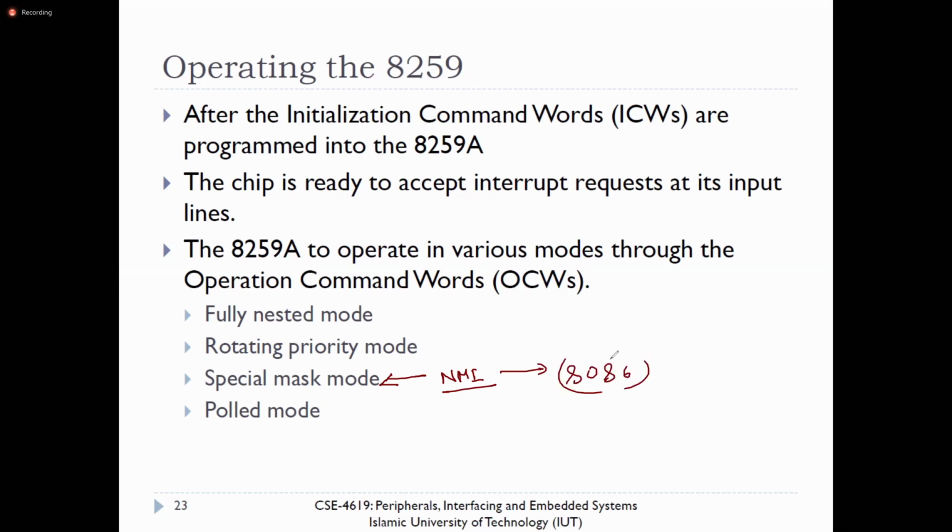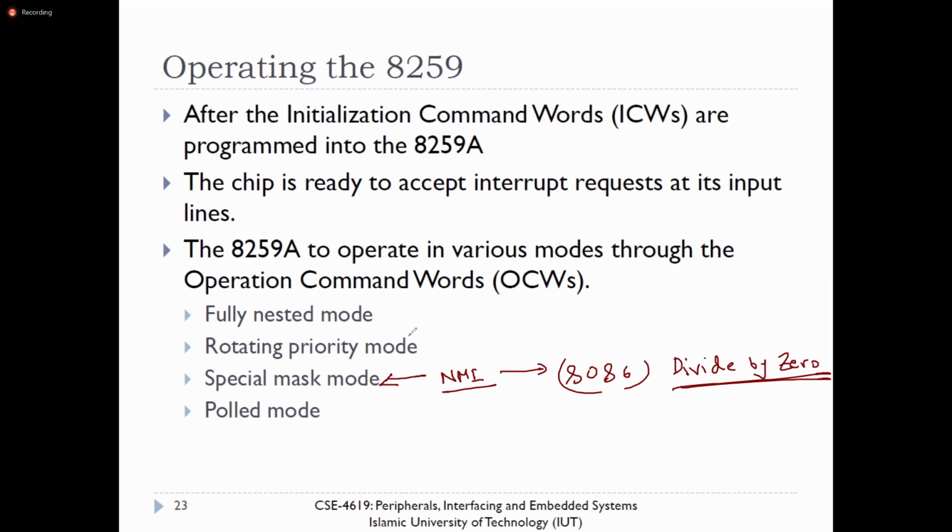Some interrupts like divide by 0, though it's a software interrupt, are NMI interrupts, non-maskable interrupts. We can't avoid that. We can't make any delay. It cannot be waited on, otherwise the system will not work. So the special mask mode can be enabled in 8259.